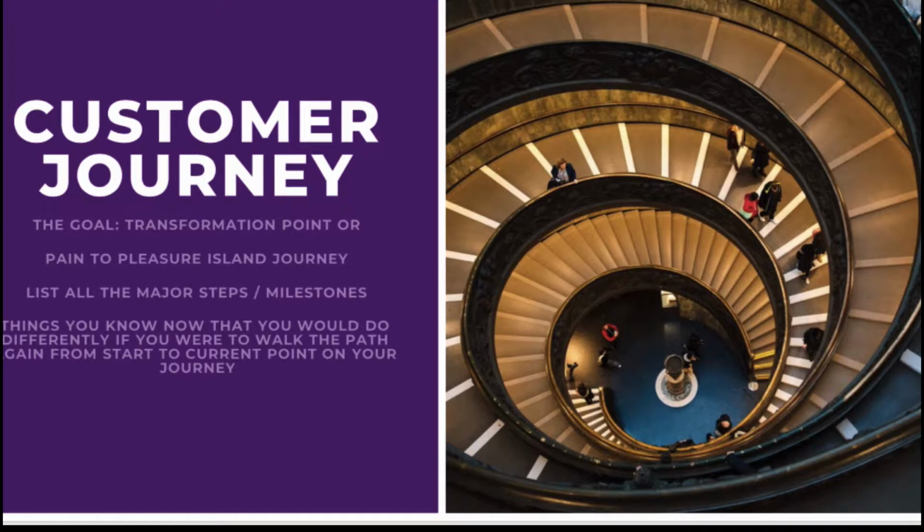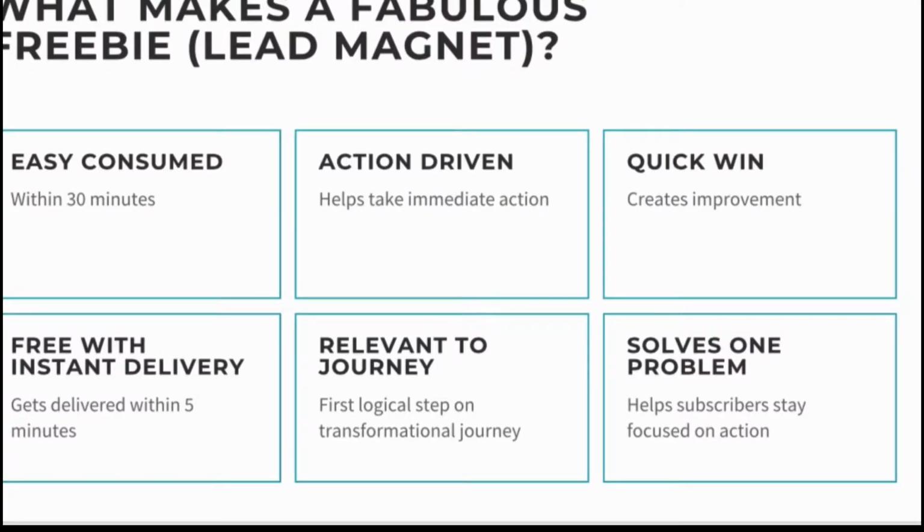You also can think about things you know that you would do differently if you were to walk the path again from start to the current point on your journey. So looking back on your business history, what would you do differently than you've done in the past? That again gives you ideas on how you can build this blueprint out, okay?